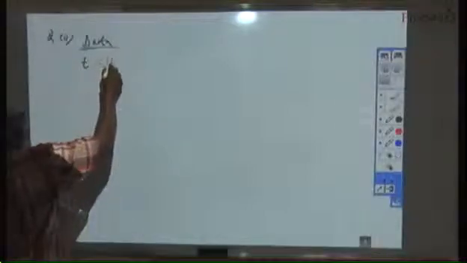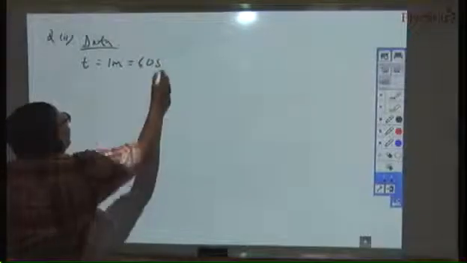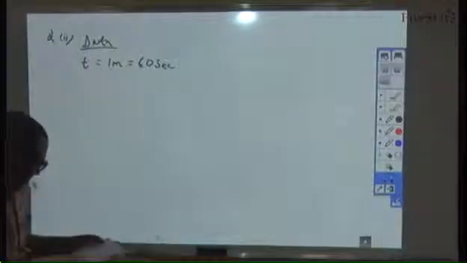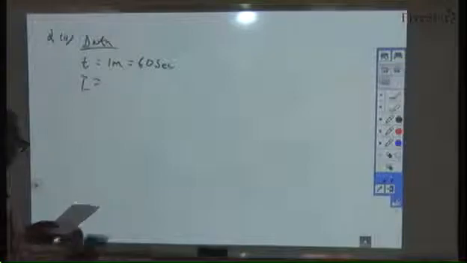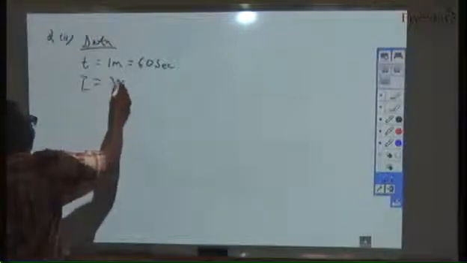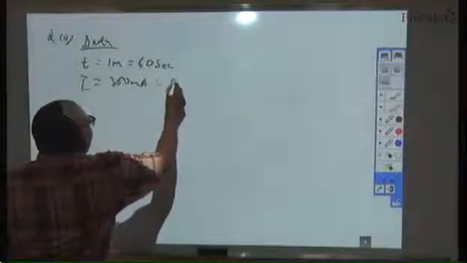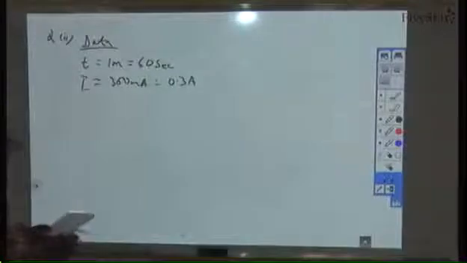So the time given is 1 minute, 60 seconds. The current employed is 300 milliamperes, which is equal to 0.3 amperes.